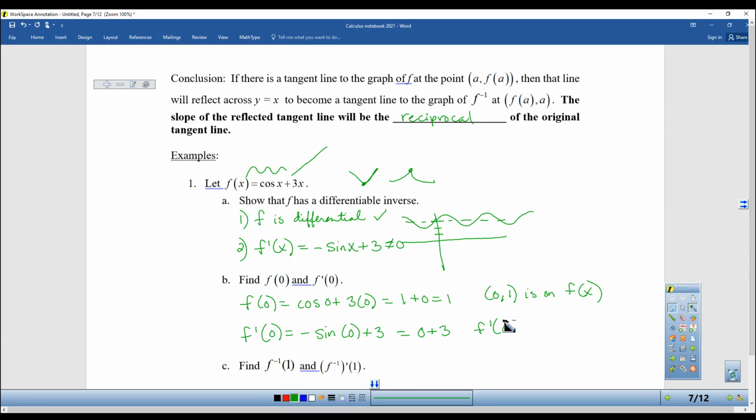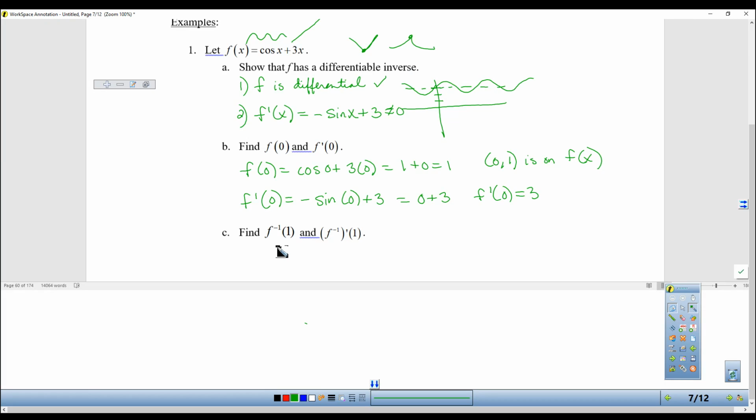So the derivative at 0 is 3. So their question is, what is f inverse at 1? That's saying if this is the x-coordinate, what's the y-coordinate? Well, this is an example of one where you would never be able to find the inverse. But since the regular function has the point 0, 1, this one must be 1, 0. So f inverse of 1 is 0.